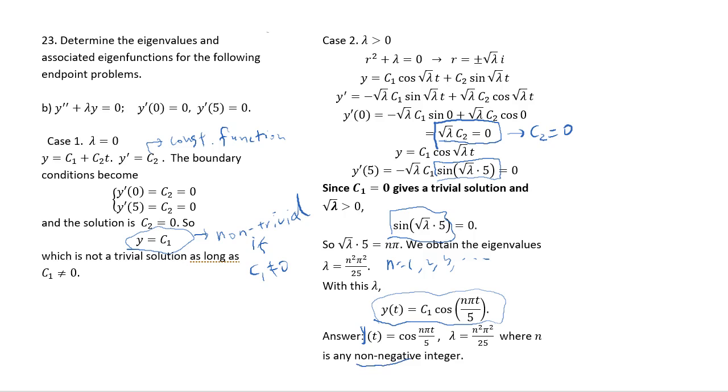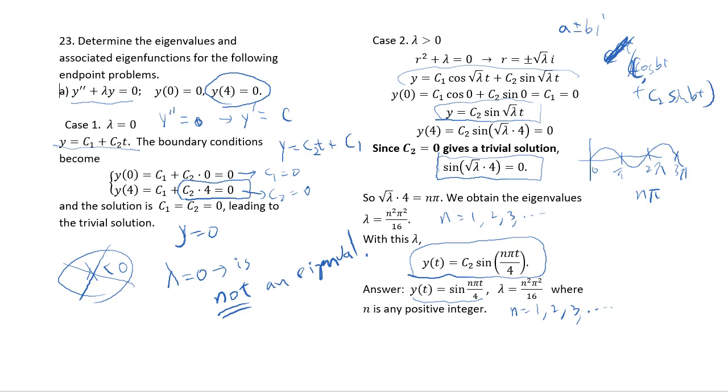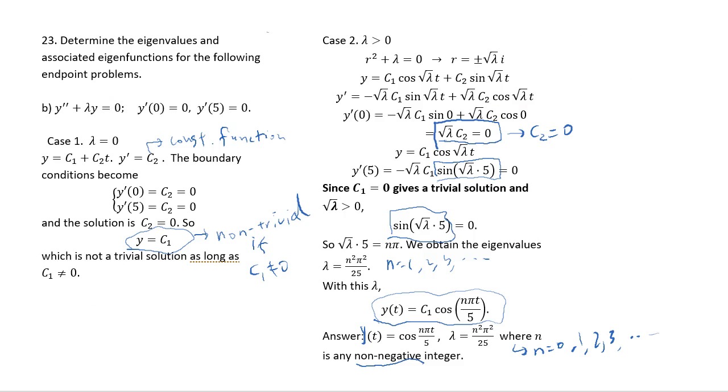What does non-negative mean? It means it could be 0. So this is another way of saying that n is 0, 1, 2, 3, and so on. Now, if you compare this to the previous one, previously we had n equals 1, 2, 3, and here we have n equals 0, 1, 2, 3. So what's the difference? Well, here in the case 1, we did get an eigenvector.